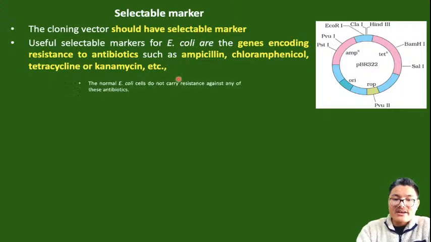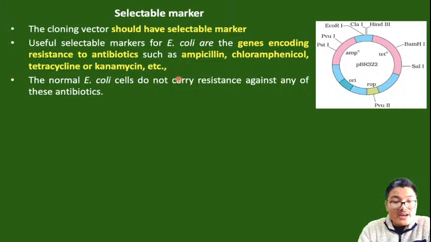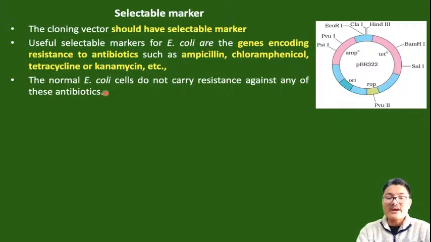Now, normal E. coli cells usually do not carry resistance against any antibiotics. If we consume any of the antibiotics, normal E. coli will die in our intestine, right? So normal E. coli usually do not have resistance against antibiotics, but they can become resistant.